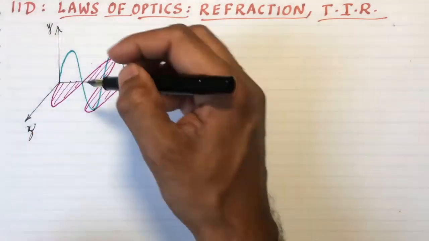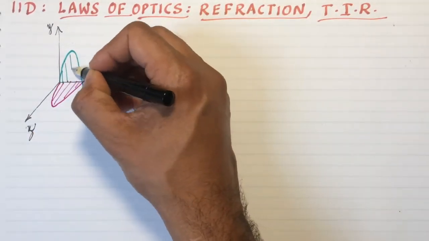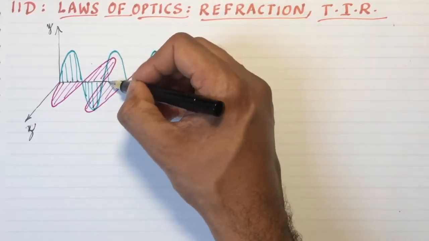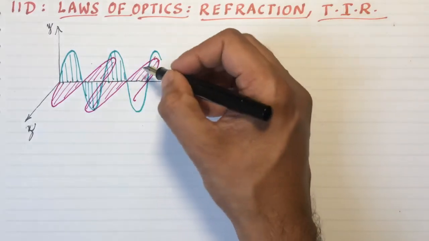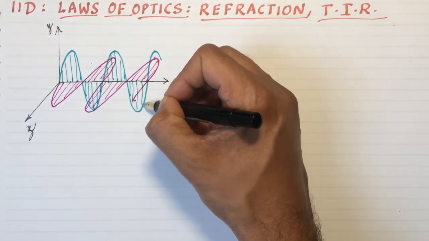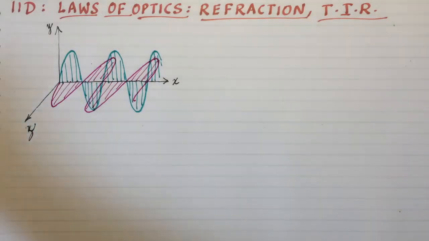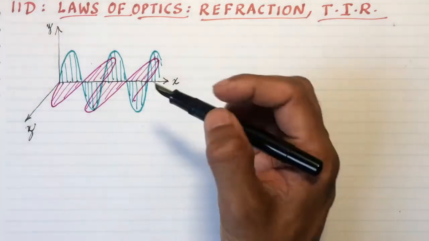And for the electric field, these fins essentially represent the amplitude or strength of the field at any given point x. Now the picture is not static. This wave is actually moving forward, and it's moving at the speed of light.